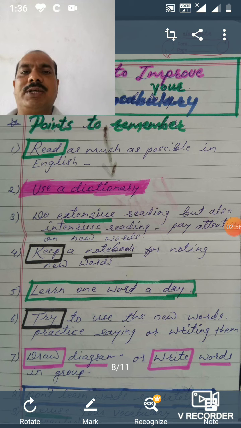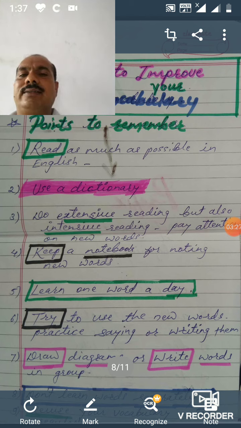So from the communication point of view, we have to read as much as possible in English. You have to read English newspapers, novels, magazines, and various kinds of books in English literature.